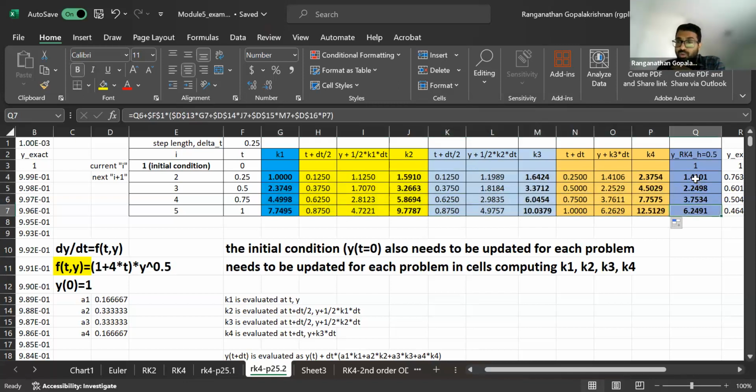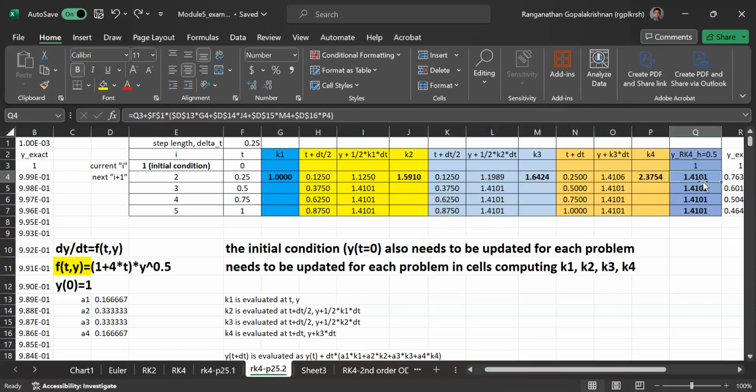Okay, here is one more true or false question. The last column where you compute the y value that is at the next time step based on your RK4 formula, will that change or will that need to be updated for each problem? Theoretically, no. No, because it's just based on dt, which you have already automated by locking in the value of cell F1, and then A1, K1, A2, K2, A3, K3, A4, K4.